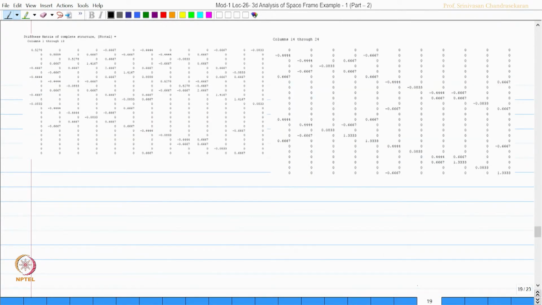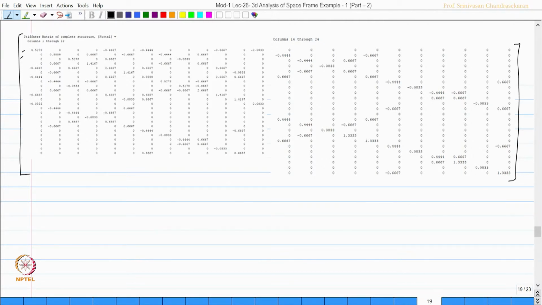Then we find the full stiffness matrix, which is going to be 24 by 24.